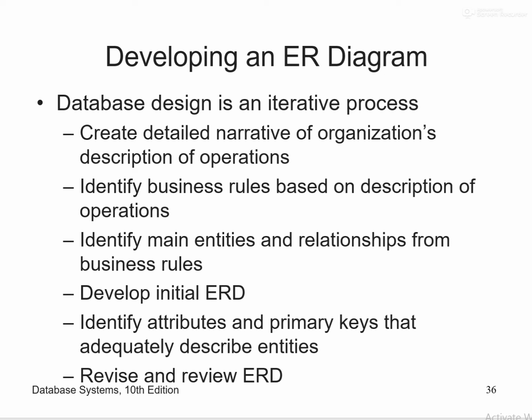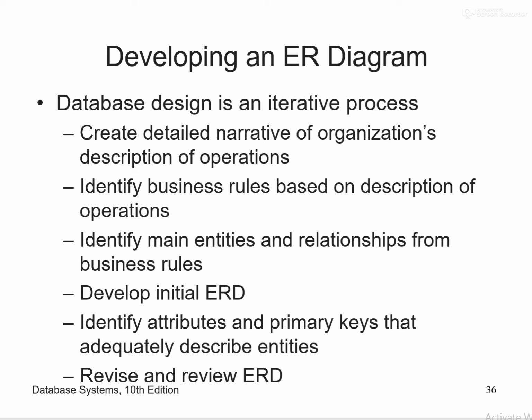So it's an iterative process, and it consists of these activities where we start with creating a detailed description of organization operations, and then based on that you have to identify business rules.